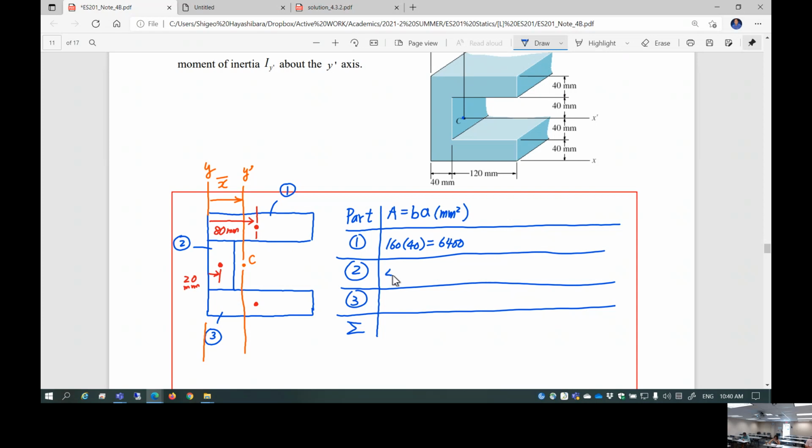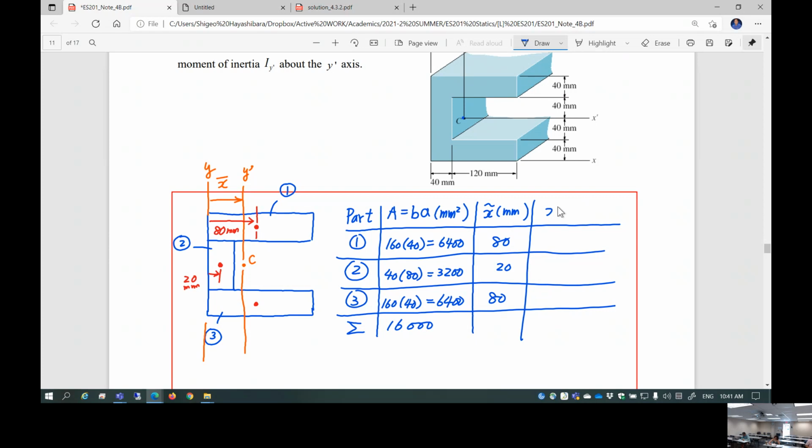Part 2, 40 times 80. This is 3,200 millimeter squared. Part 1 is equal to part 3, 160 times 40, which is 6,400 millimeter squared. So this is the area of each part. If you add them up, you're going to have 16,000 millimeter squared. Now let's find the local centroid, which you already know. This is 80 for part 1 and part 3. Part 2 is 20.